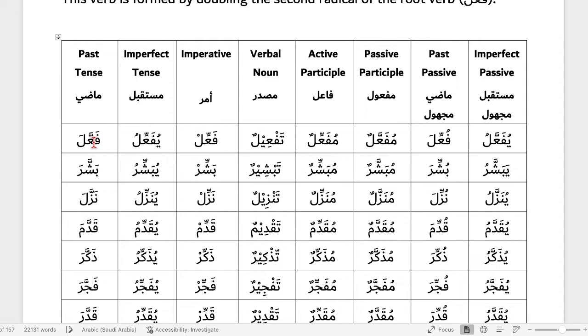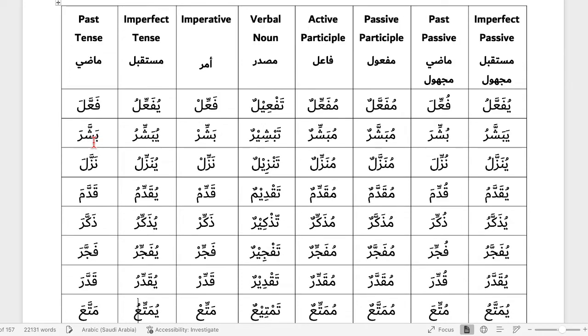So the past tense is going to be fa''ala. The present tense is going to be yufa''ilu, and the amr form is going to be fa''il. From the verb, if you make a verbal noun, masdar, it becomes taf'iilun.